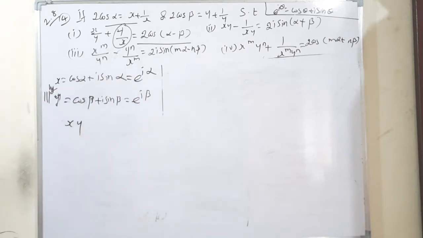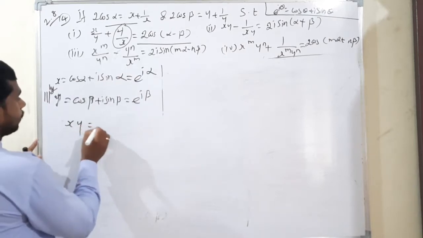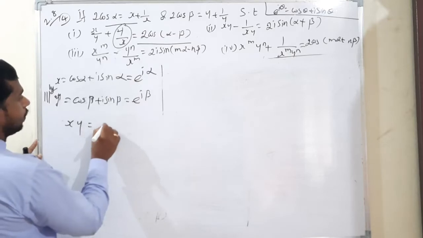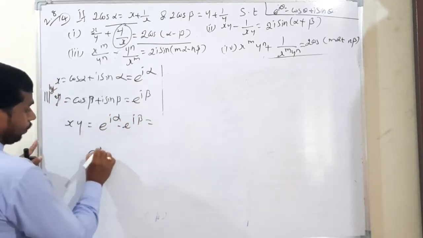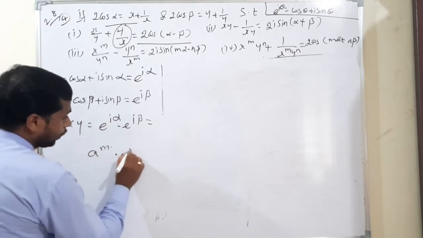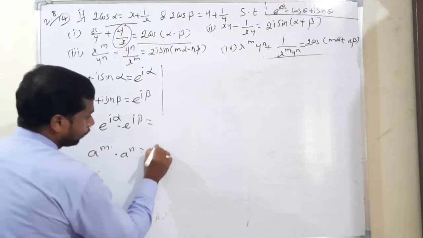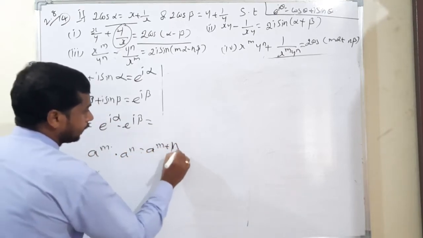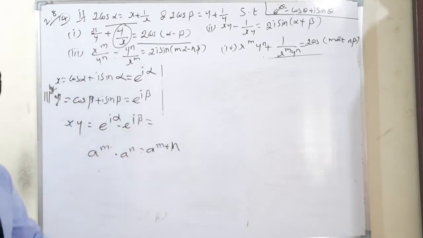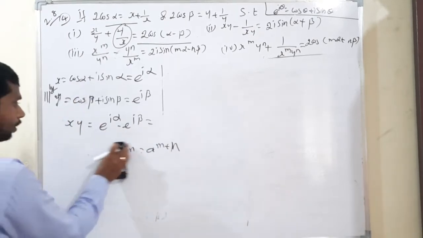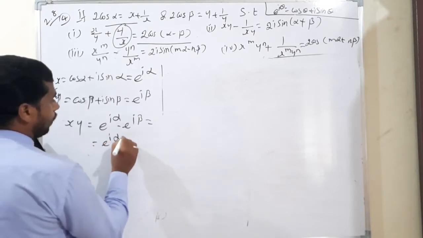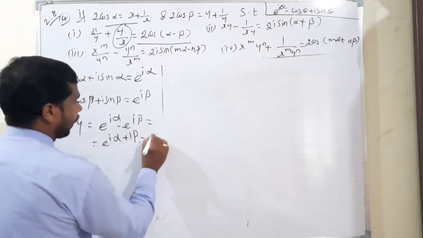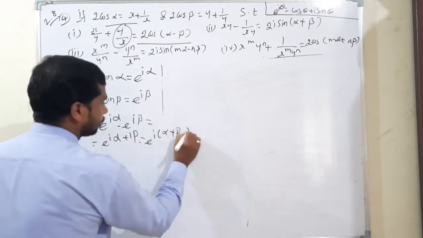That's xy. xy means what is the meaning? x into y means e to the power i alpha into e to the power i beta. Then we know a to the power m into a to the power n means a to the power m plus n, isn't it? So we can now write e to the power i alpha plus i beta. Therefore, taking i common outside, we get alpha plus beta.